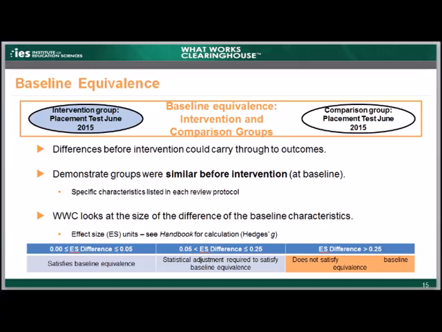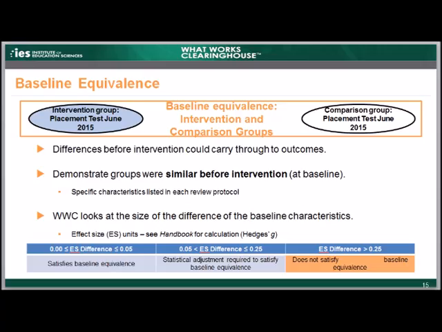The chart on the bottom of the slide explains how this works and how group differences are handled. As the column on the left indicates, groups that are no more than 0.05 standard deviations apart are considered to be equivalent. We can be confident that pre-existing differences on the observed measure will not overly influence the estimate of the intervention's impact.